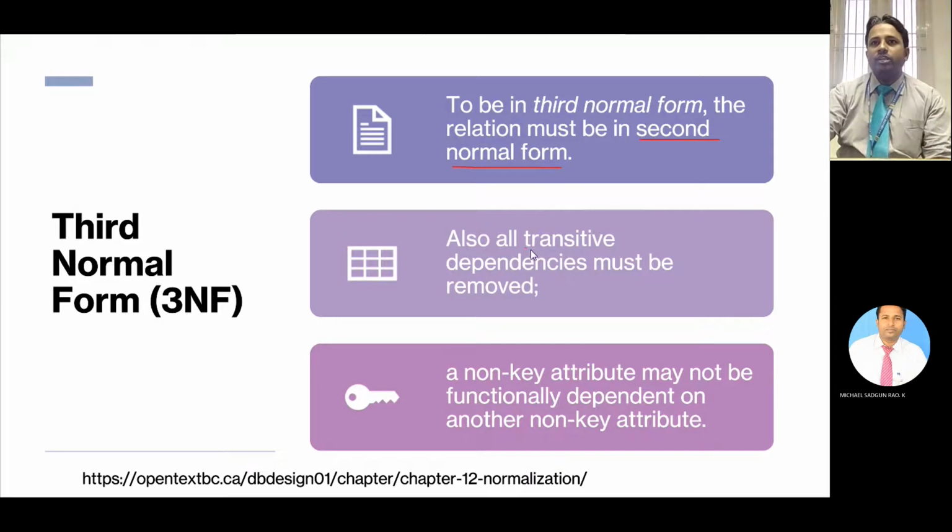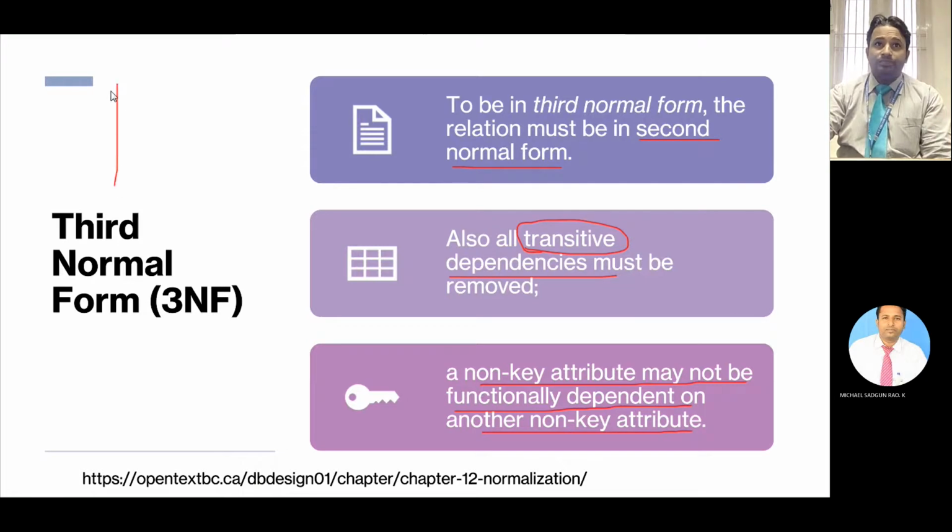Here we concentrate on the main point, transitive dependencies. We will look for transitive dependencies and remove them. A non-key attribute may not be functionally dependent on another non-key attribute.